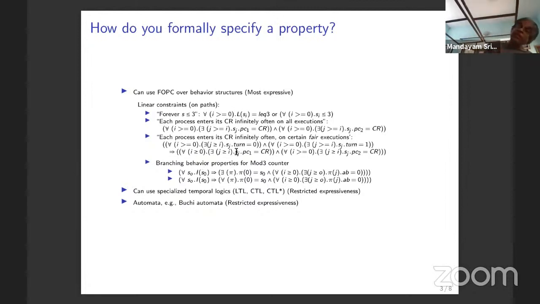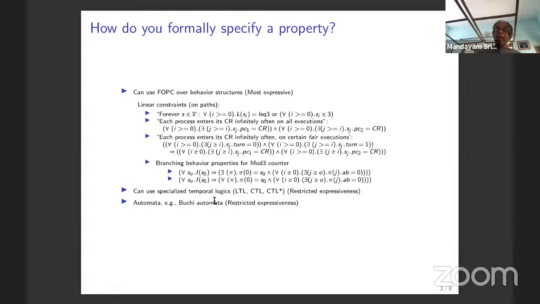Maybe if you restrict yourself to finite state systems, you might be able to do it. But usually, instead of using first order predicate calculus, which is very expressive, people look for specialized logics.